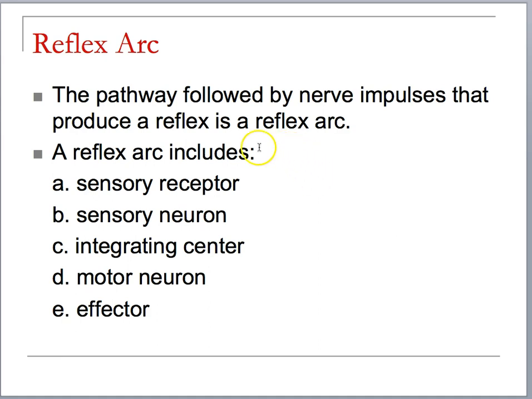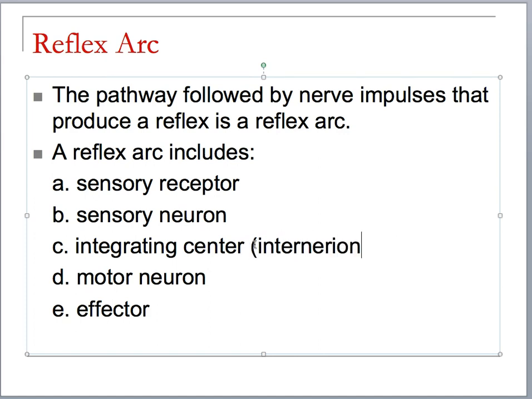Okay? You have to have a sensory receptor located someplace that's a part of a sensory neuron, which is going to travel through that dorsal root ganglia into an integrating center inside the spinal cord itself. And that integrating center, of course, is an interneuron. So once the interneuron's been activated, you remember we're going to activate a motor neuron, and that motor neuron will cause an effector to become activated, and you can see that here.